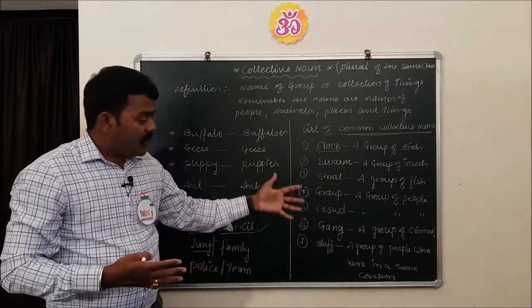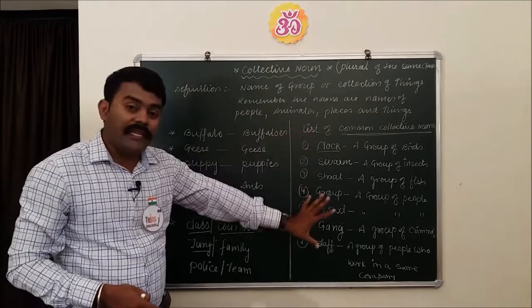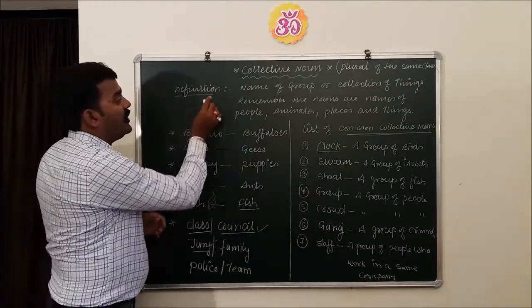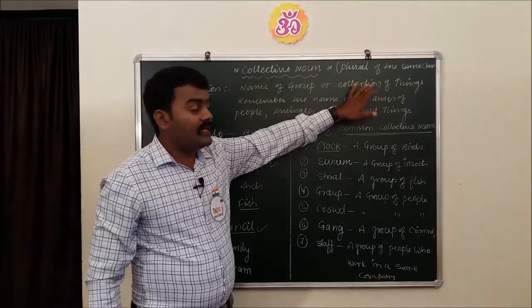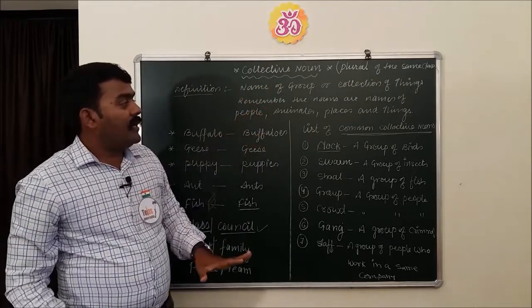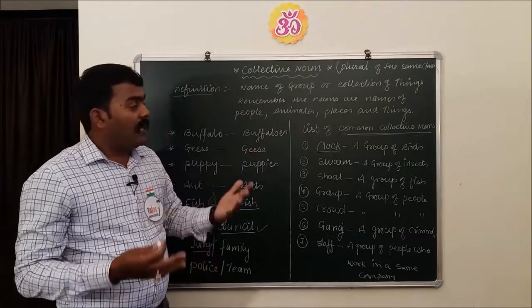So you can understand collective nouns by taking these examples, and I have mentioned the definition there. The name of a group or collection of things is called a collective noun. And remember that nouns are names of people, animals, birds, places and things.